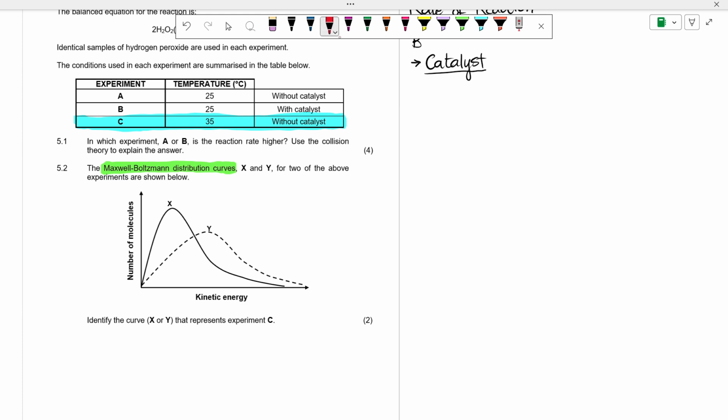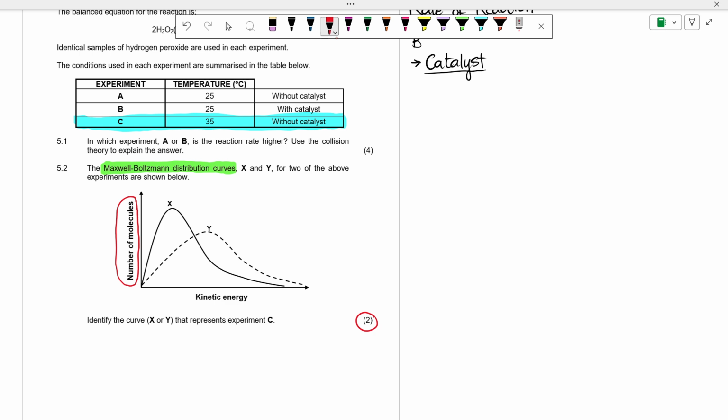And a lot of people can get this one wrong. It was 2 marks. And if you look at the notes for Maxwell-Boltzmann distribution, what we say is that if we increase the temperature, then the number of molecules that will have higher kinetic energy are going to increase as well.